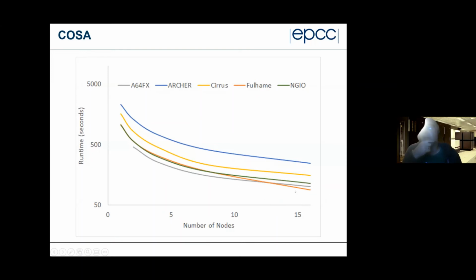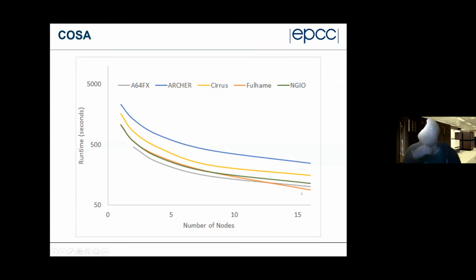The reason why the ThunderX2 looks better up at this high level than the A64FX is that we're over decomposing on the ThunderX2 up here, because it has many more cores per node than the A64FX.